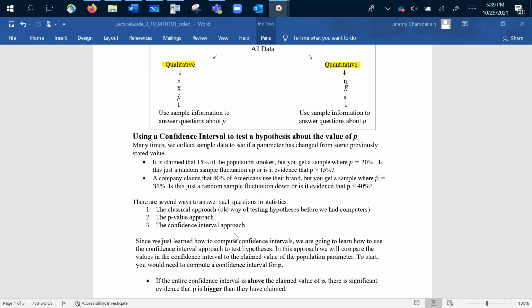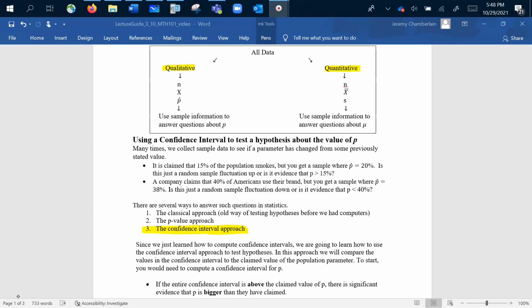Since in section 3.9 we went over a confidence interval estimate for a population proportion, that's the approach we're going to use to answer whether a sample proportion was just a random fluctuation up or down, or if it really is evidence that the population proportion has gone up or down.